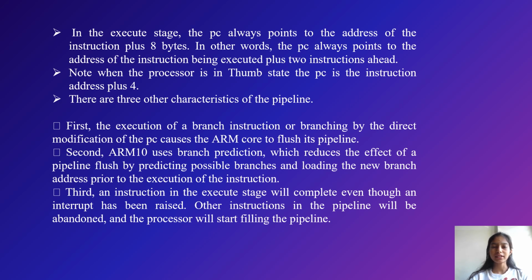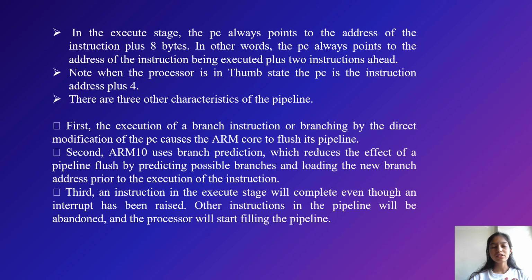There are 3 other characteristics of the pipeline. The first, the execution of a branch instruction, or branching by direct modification of the PC, causes the ARM core to flush its pipeline. Second, the ARM10 uses branch prediction, which reduces the effects of the pipeline flush by predicting the possible branches and loading the new branch's address prior to the execution of the instruction.